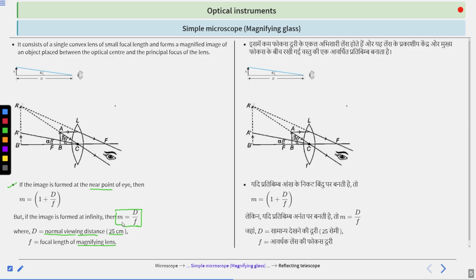I hope all the points are clear. So this distance D between the object and the eye is the normal viewing distance, 25 centimeter. So this is the ray diagram of the simple microscope, or we can say magnifying glass. I hope all the points are clear.